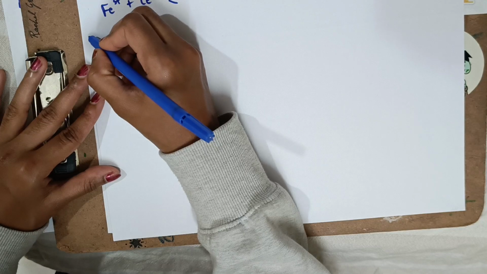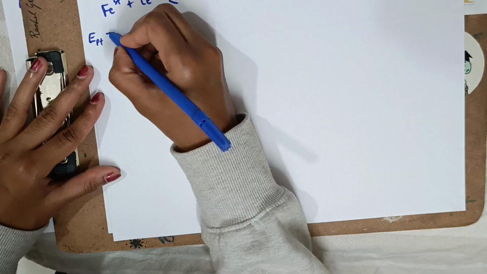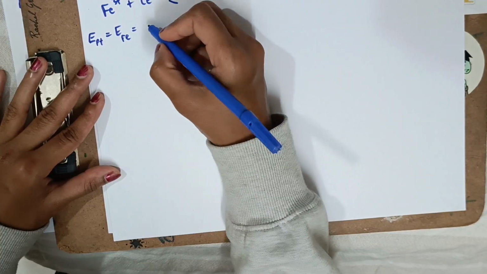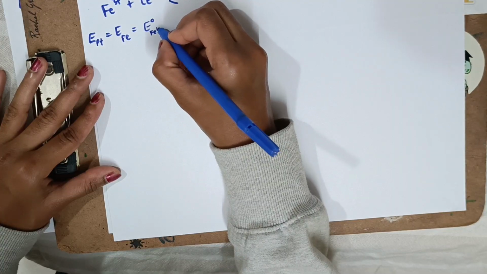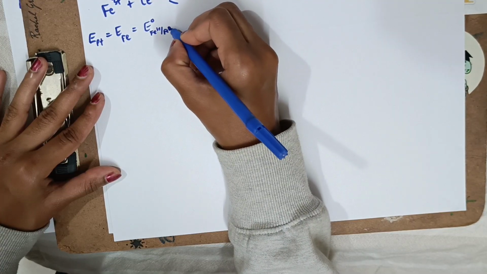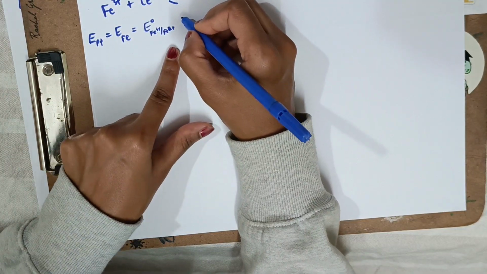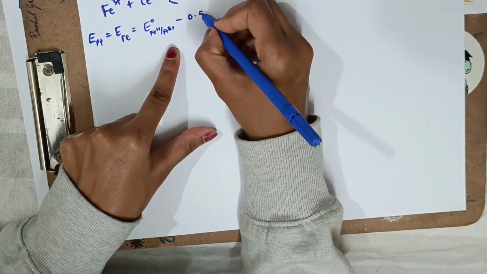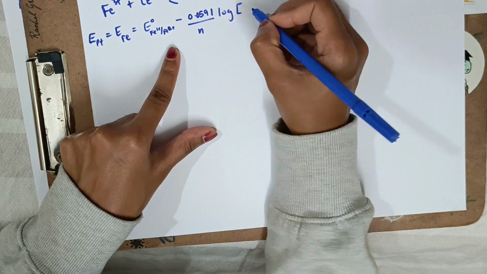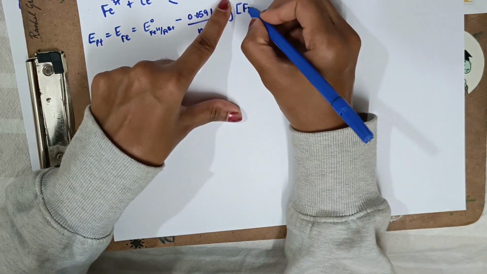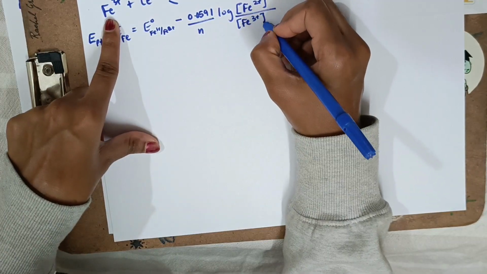The Nernst equation is given as the potential at the platinum electrode, E_Pt, which is equal to E naught of Fe3+/Fe2+, the standard potential of the Fe3+/Fe2+ redox couple, minus 0.0591 divided by n, log of the concentration of Fe2+ on the product side divided by the concentration of Fe3+ on the reactant side.